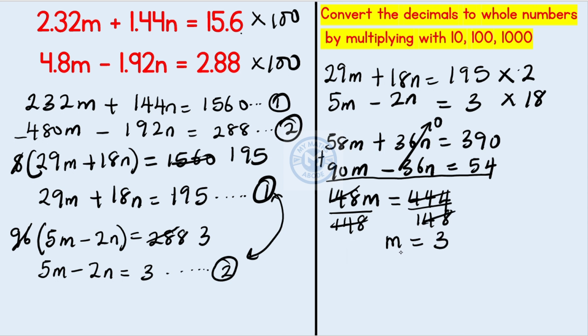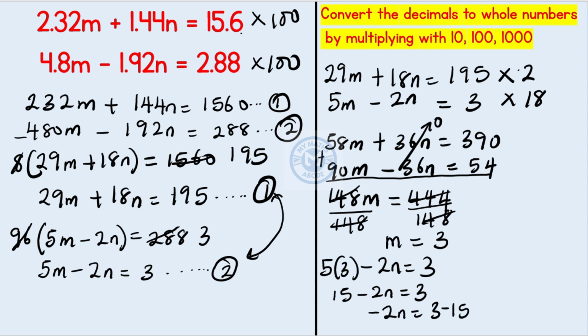So I'll substitute the value of m either in equation 1 or equation 2. At this point, I prefer equation 2 because it is quite easier. So this will be 5 times 3 minus 2n is equal to 3. This will leave me with 15 minus 2n is equal to 3. Collecting like terms, I'll have negative 2n is equal to 3 minus 15.